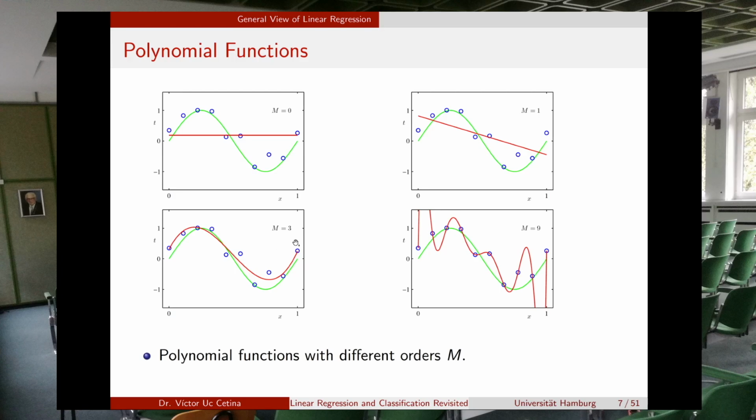But what happens if we increase the degree to 9? In this case, for only 10 points, these 10 blue points, our model can be trained in such a way that the curve has these crazy curves and manages to pass exactly over each of the points.